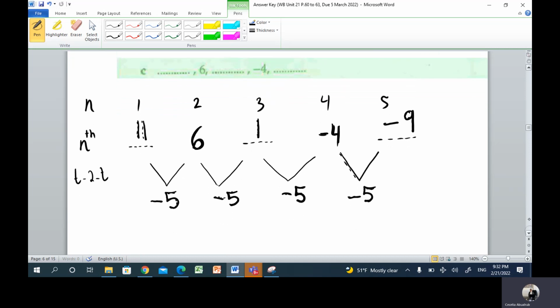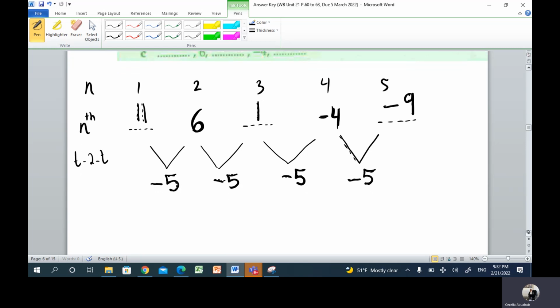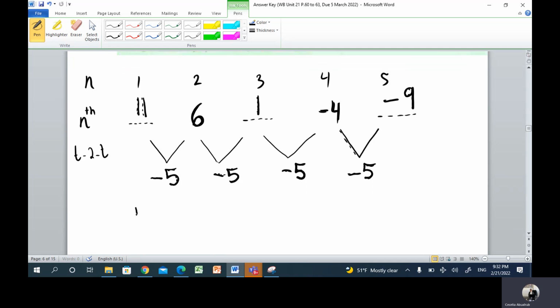As you can see here, the term-to-term rule is fixed throughout the sequence. Can I write the nth term then? Of course I can. The term-to-term rule is -5 times n, so -5n. So let's check on the first n.